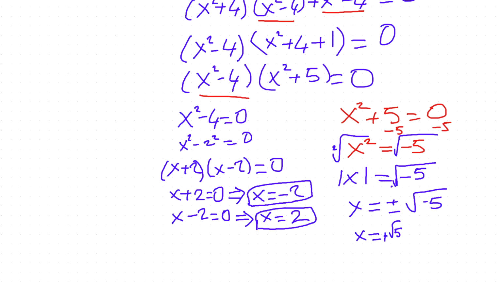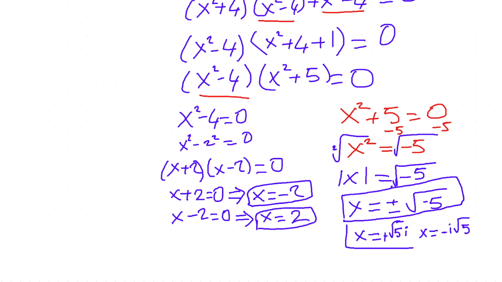What do we put in complex numbers? i. And the other one is negative. You can write i in front of the root, it doesn't matter. This is positive root 5 i. This is negative i times root 5. So this is our third solution for x, and this one is the last one.